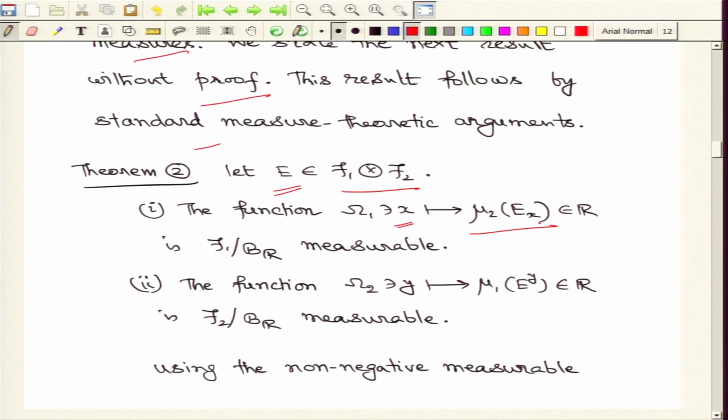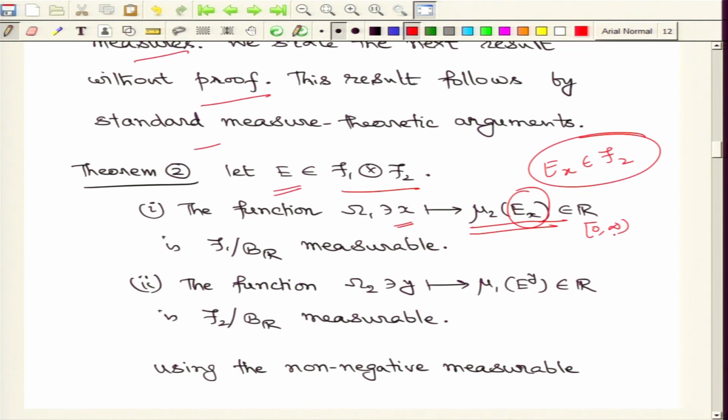Remember, the section set E_x, we have already justified that it is in the sigma field F 2, and therefore, we can talk about the mu 2 of this set. So, this gives you a number in the real numbers, a number which is non-negative in fact, but just for the exposition we go with real numbers.